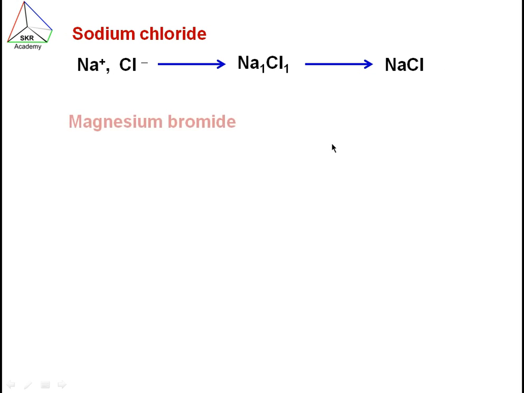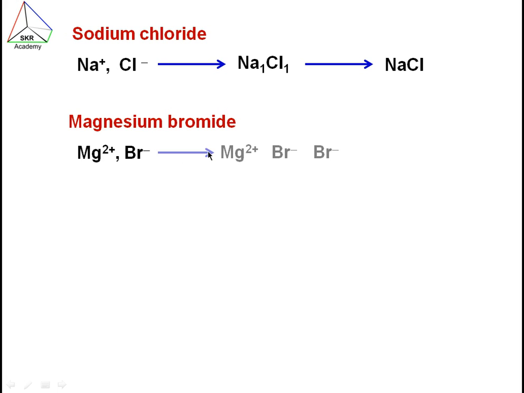In the second example, magnesium bromide. Magnesium comes in the 2A group and has a positive 2 charge, and bromide is another halogen, which has minus 1. The second step is to balance the positive and negative charges.